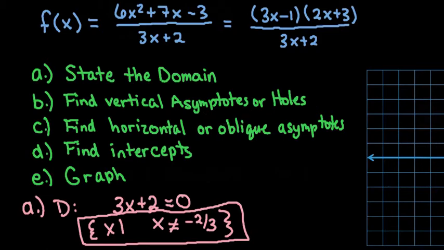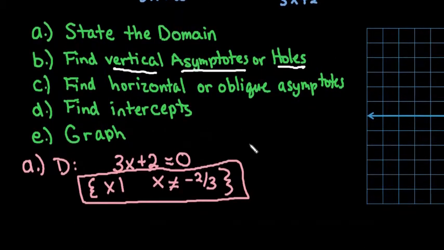The vertical asymptotes or the holes come directly from the domain. If it cancels out, then you have a hole. If it doesn't cancel out, you have a vertical asymptote. So in this case, we would just have a vertical asymptote. So for part B, we have a vertical asymptote at x equals negative 2/3.